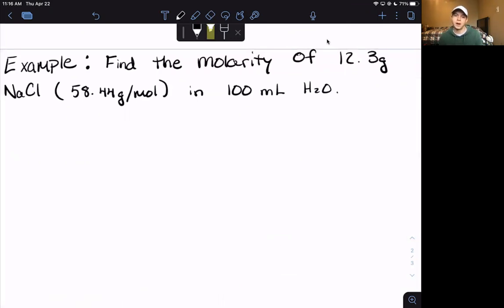So in this one, we're finding the molarity of 12.3 grams of NaCl dissolved in 100 milliliters of H2O. So to start, we're going to look at our 12.3 grams. And if you need help converting grams to moles, take a peek at the unit conversion. We kind of talk about how to go from one thing to another and what to look for when going through.